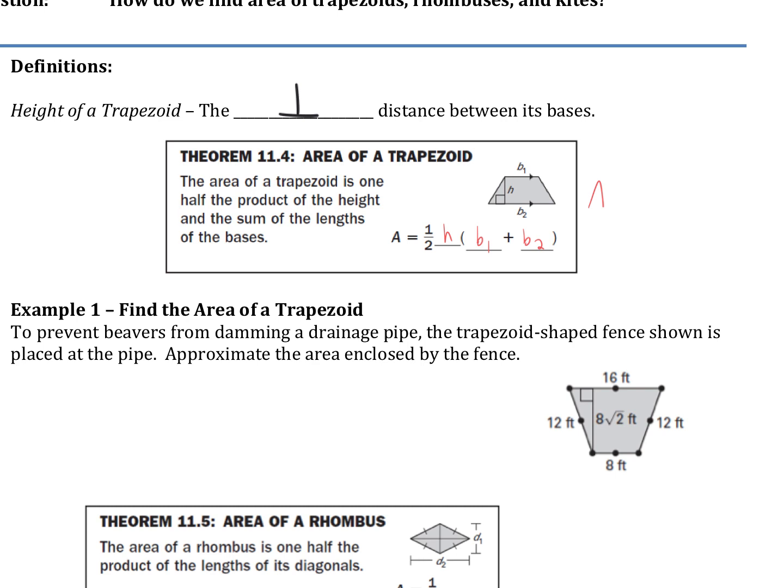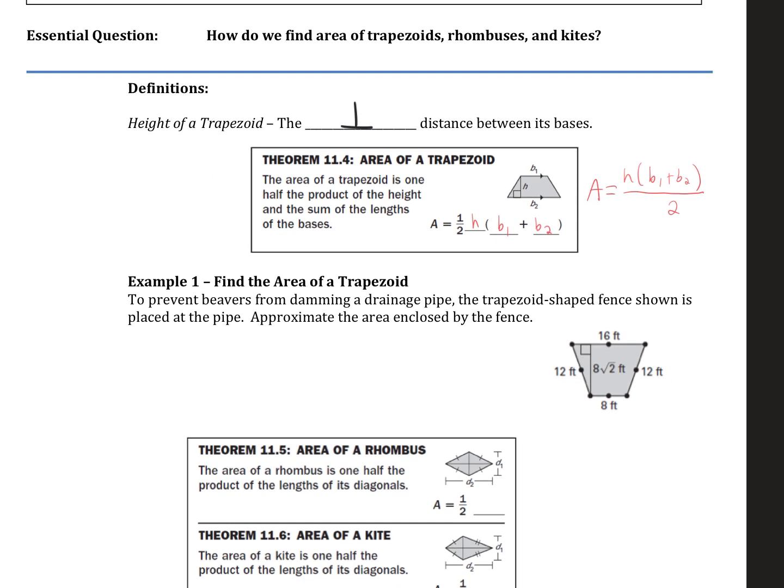Or the area equals the height times base 1 plus base 2, all over 2. I think that's a little bit easier than doing the 1/2. I don't like working with 1/2. I like working with over 2, but either option is an option for you.